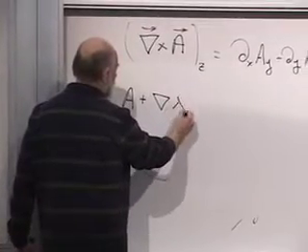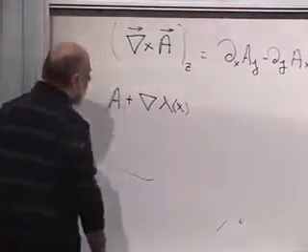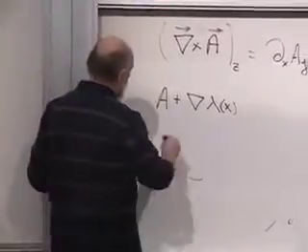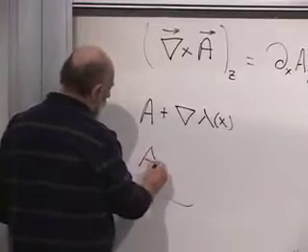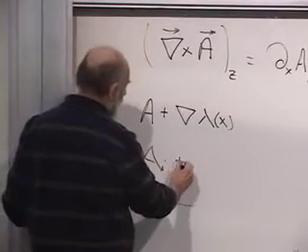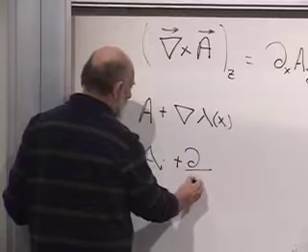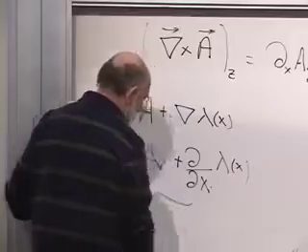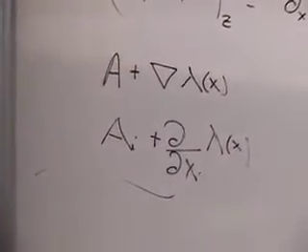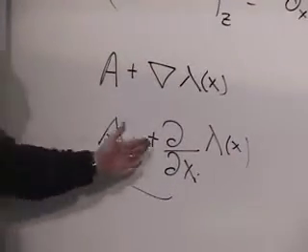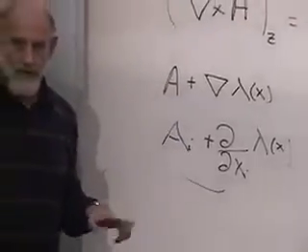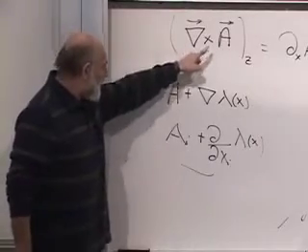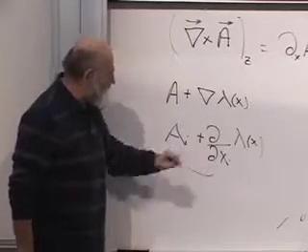I'm going to call it lambda, lambda of x. What is a gradient? A gradient simply means that to the ith component of A, we add the derivative with respect to x_i of lambda. Now, lambda can be anything. The point is that changing A in this way doesn't change the curl of A. Let's see why. Supposing I now recalculate the curl of A after having introduced this extra term.